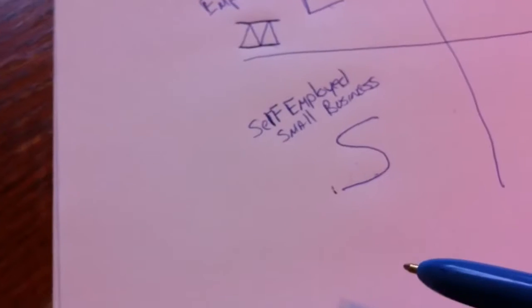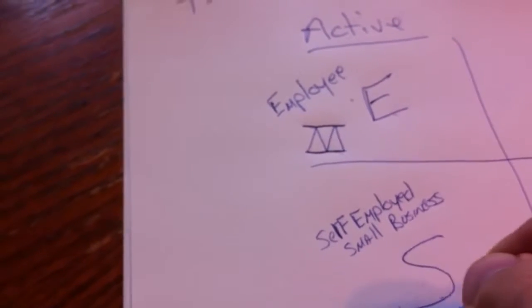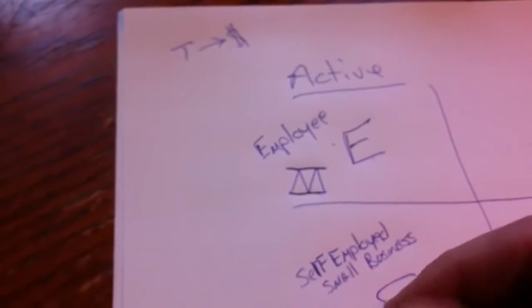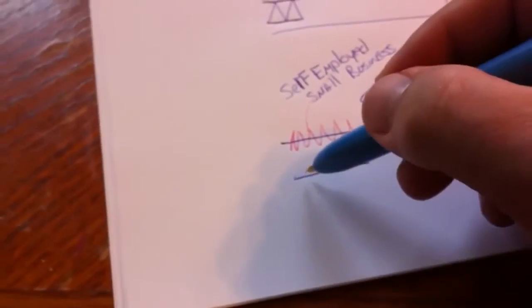Floor, ceiling. The pro and con to being self-employed is there is no floor and there is no ceiling. The fact that there's no ceiling is the pro. Sky's the limit. The fact that there's no floor is the con.